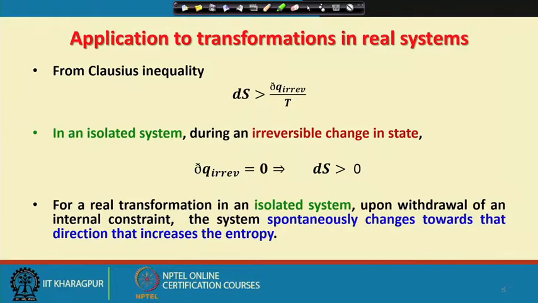So, this is the implication of the second law of thermodynamics as far as understanding the direction of a spontaneous change of state is concerned. But once again, to understand this entire framework, let us take an example, and a simple one.